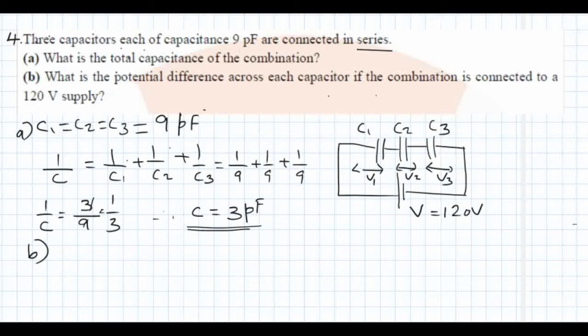That means V dash will be 120 by 3, that is equal to 40 volt. So the potential difference across each capacitor is V dash equal to 120 by 3, that is 40 volts.